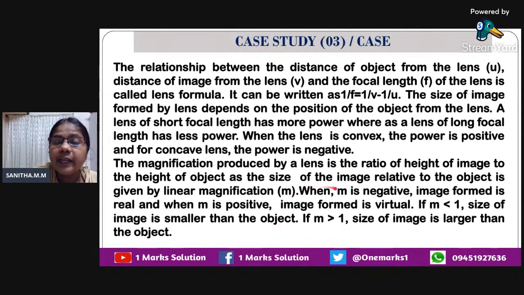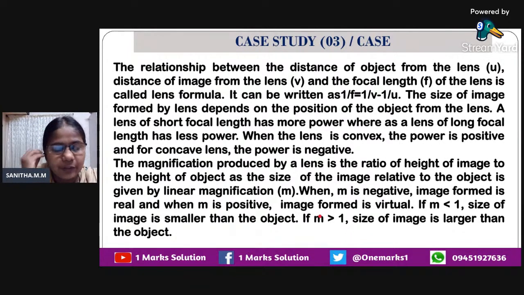Now when m is negative, that means if the magnification is negative, the image formed will be real. You can note this point. Whenever the image is real, the magnification is negative. The reverse also holds. When the image formed is virtual, m will be positive. If the magnification is positive, the image will surely be virtual.